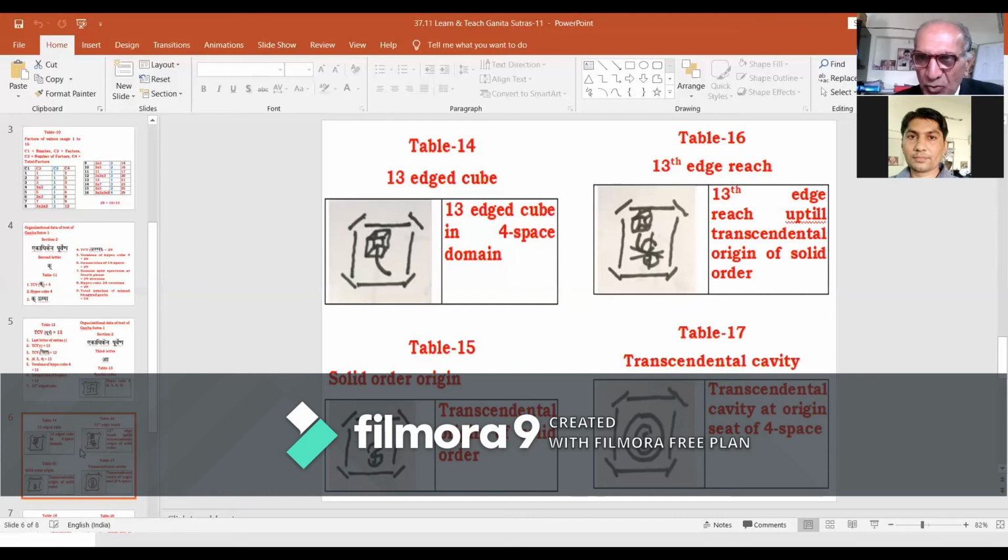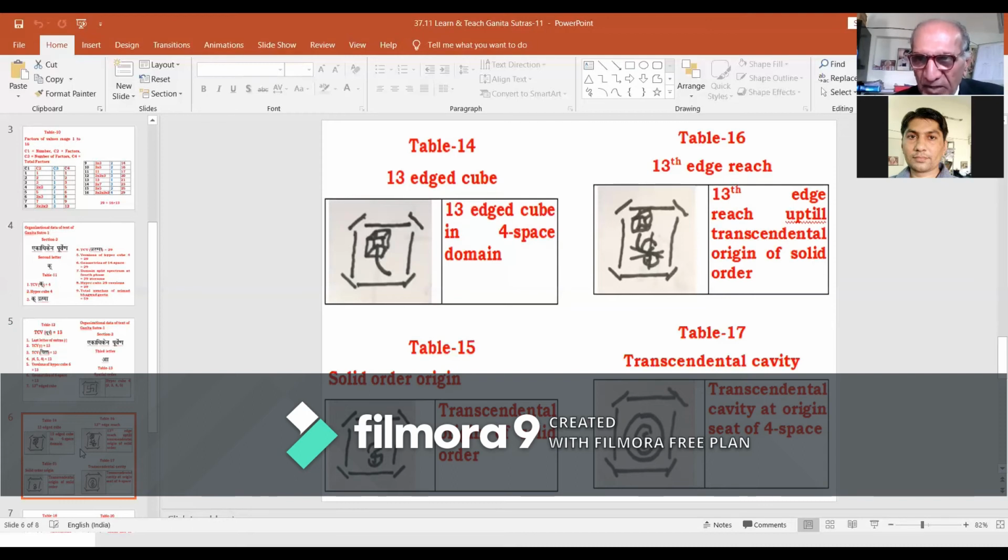It takes us to the origin of four space, which is a transcendental origin. That is, it is five space content which is manifesting as a point body of five space with placement at the center, at the origin seat of a four space of a solid.